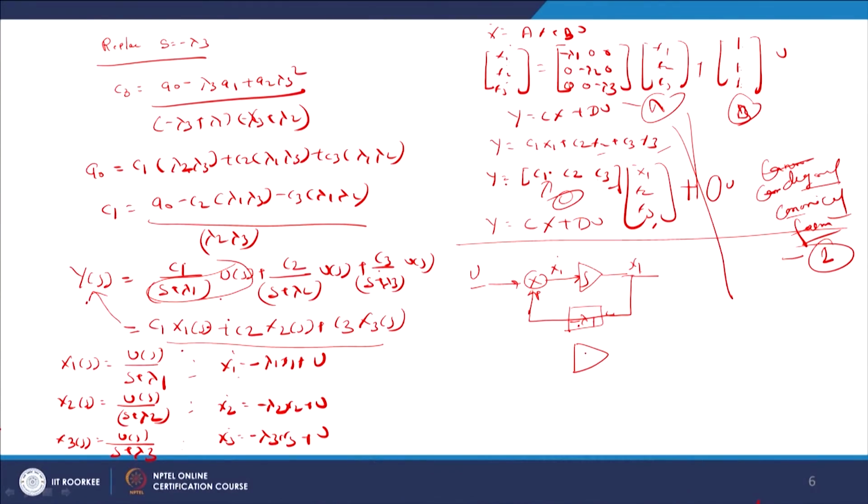Similarly we can do it for x2 dot and x3 dot. So how will you do it? We draw another integrator. Now here is the block, here we can show minus lambda 2, u, here is x2, here x2 dot. Now similarly, another integrator is required because we have x3 dot, so we can show another integrator.